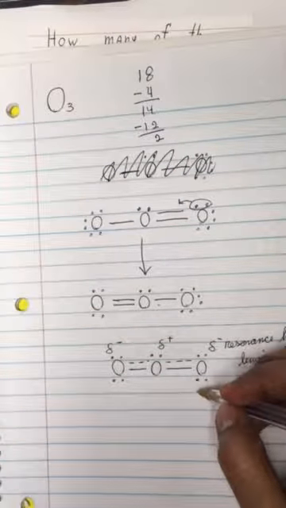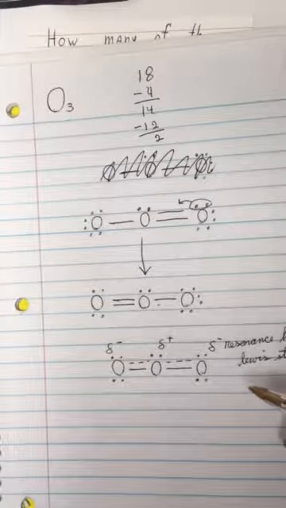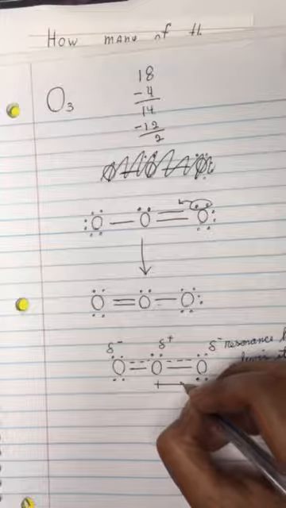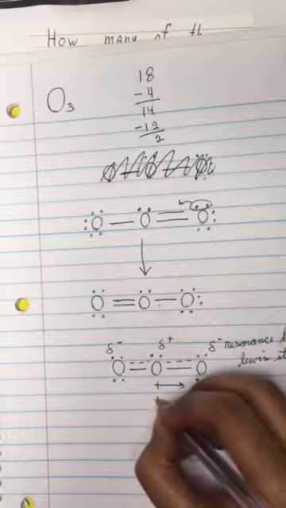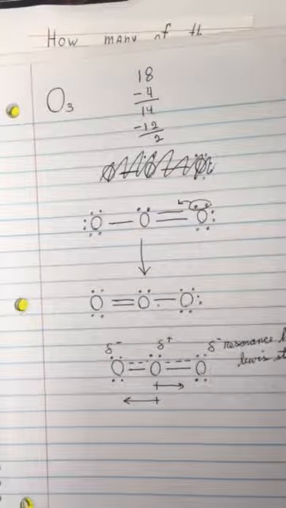Now we must place the bond dipoles for this molecule. The bond dipoles go towards the partially negatively charged atoms.